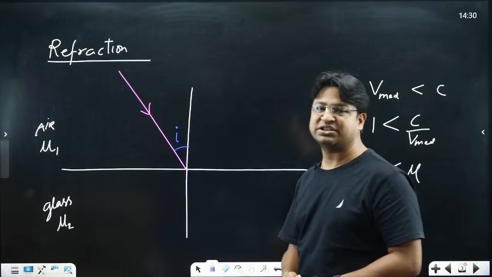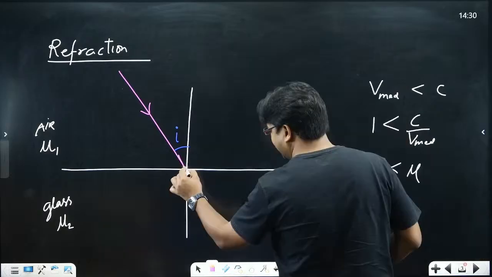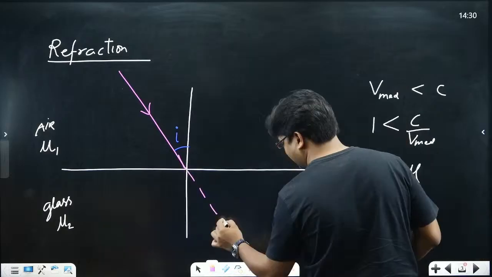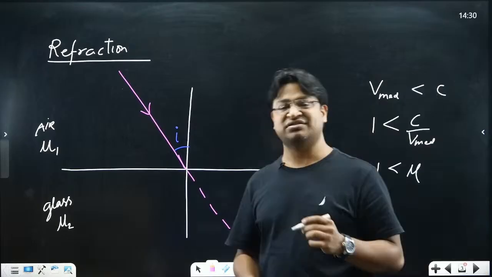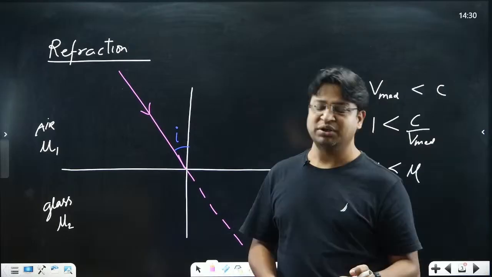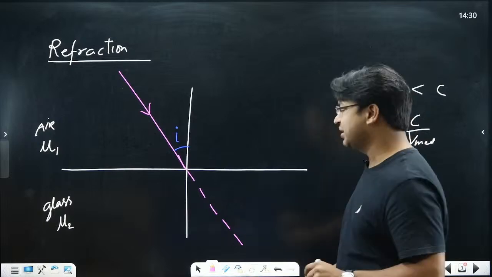When it gets transmitted, instead of following its original path, the ray bends slightly either towards the normal or away from the normal. Exactly where it will bend is governed by a law. We'll talk about it.